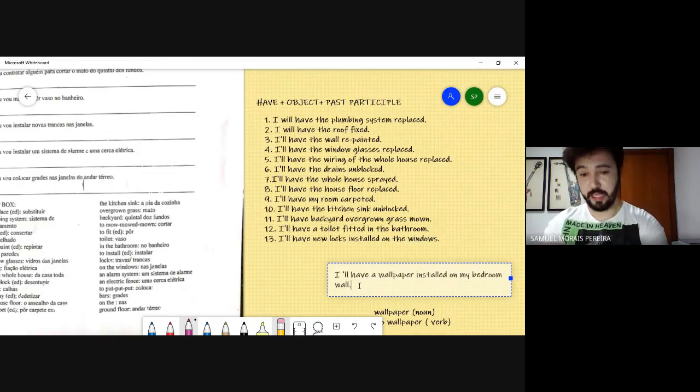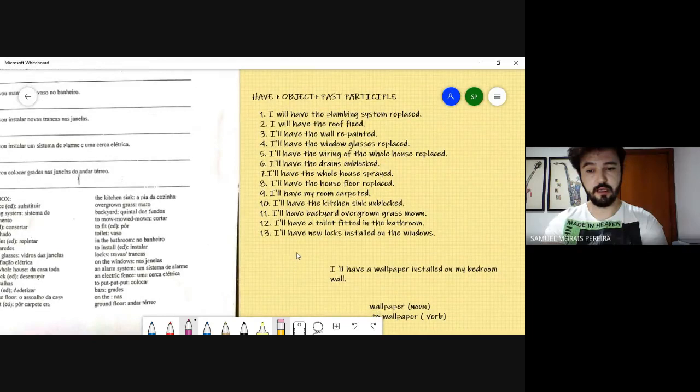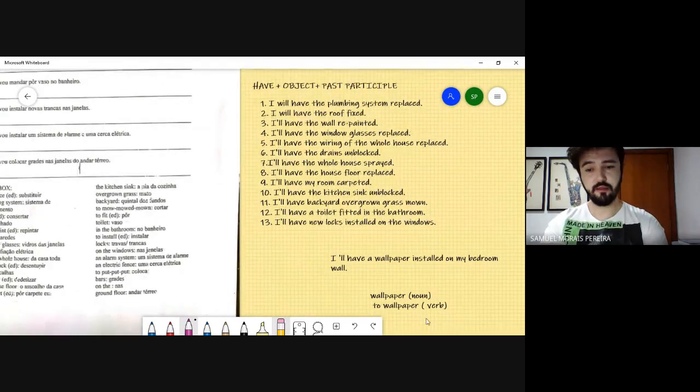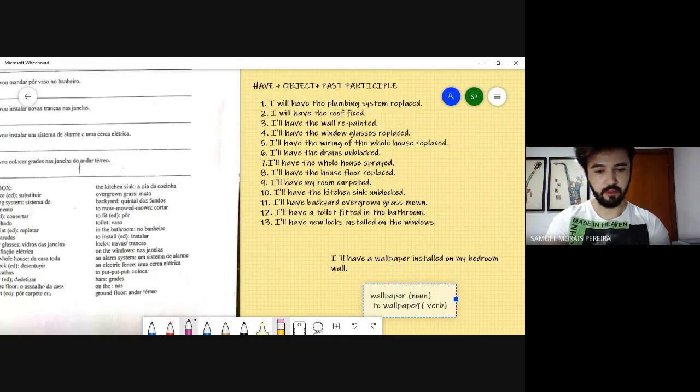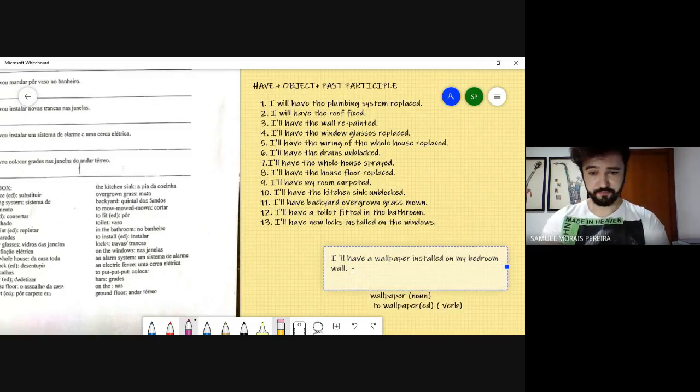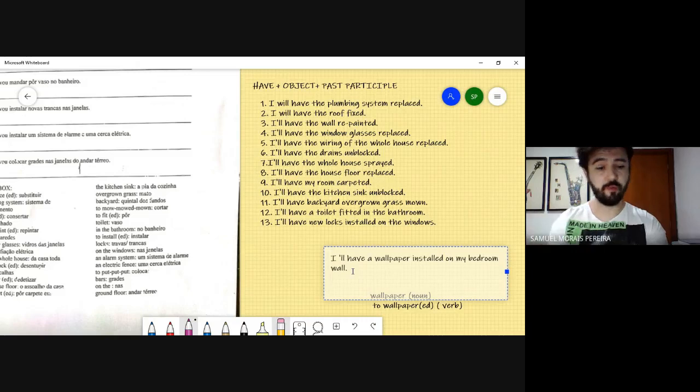But pay attention. It would be possible to say the same thing using the verb wallpaper. And the verb wallpaper is a regular one, okay? So you can say something like this. I will have my bedroom wallpapered.